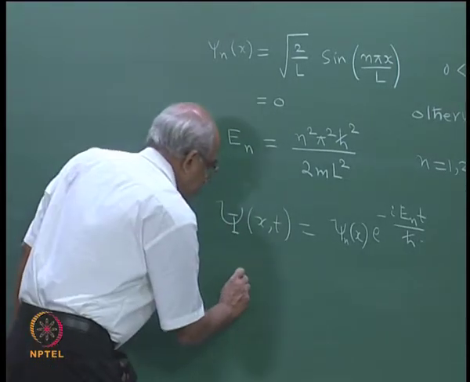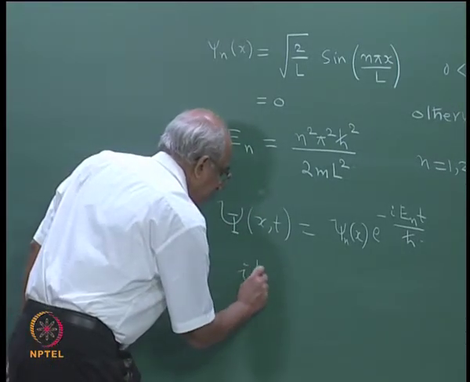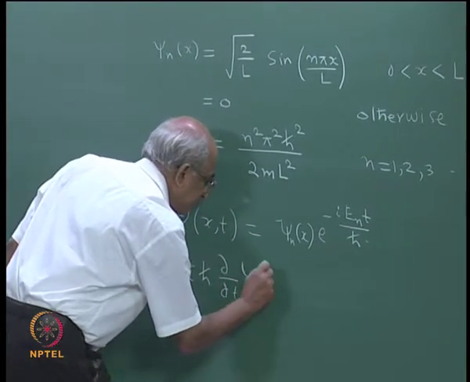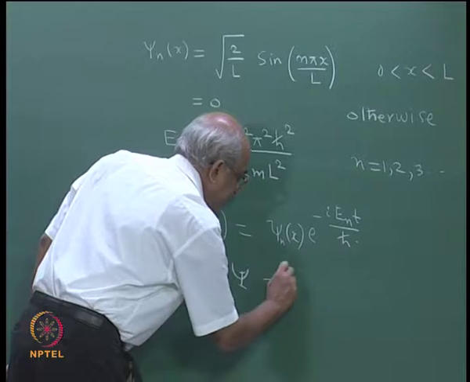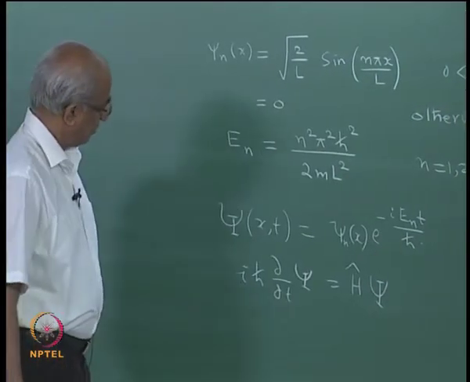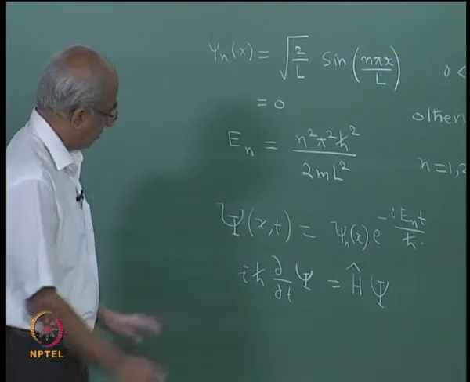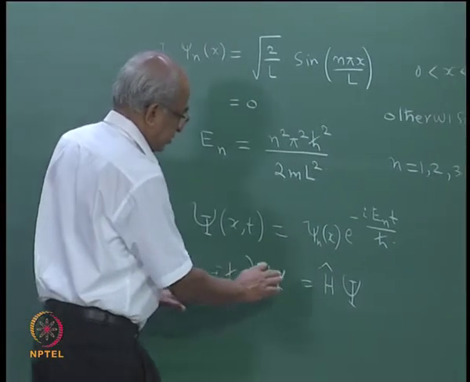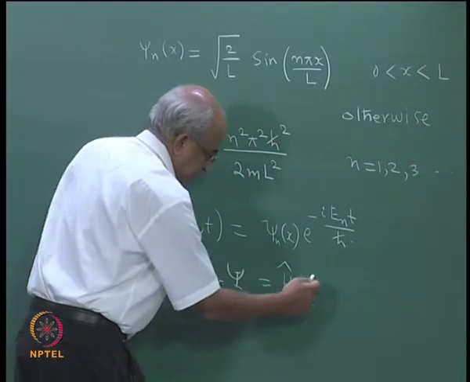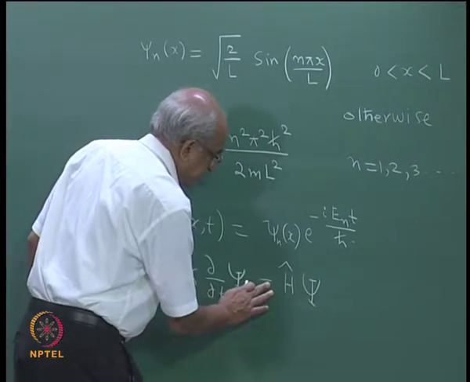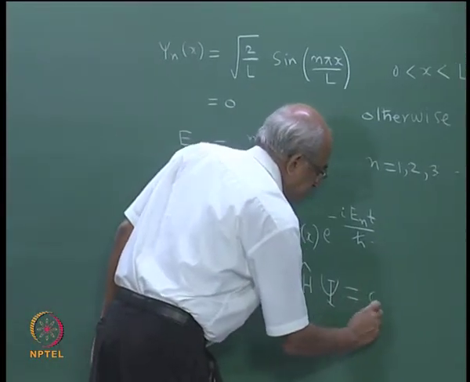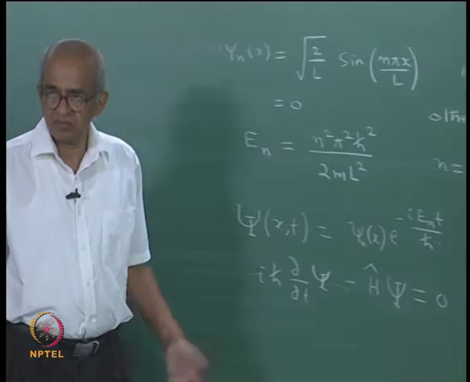And what about this capital psi? It obeys this equation i h cross dou psi by dou t is equal to h psi. Or maybe I will write this equation in a slightly different fashion. I will take this to the left hand side, so that I shall get a negative sign, and the answer must be equal to 0, right.